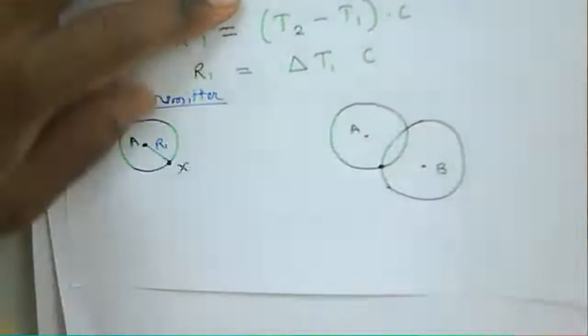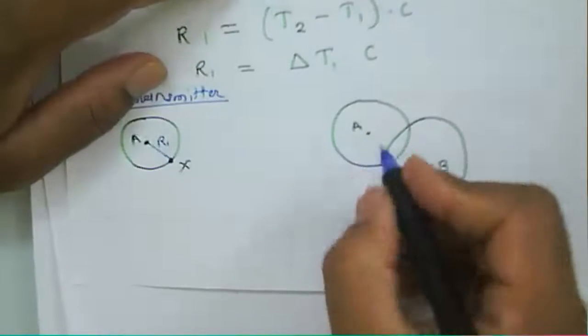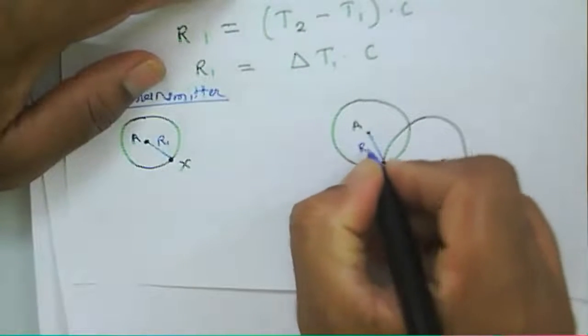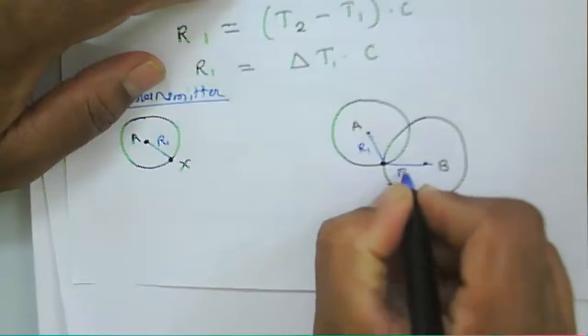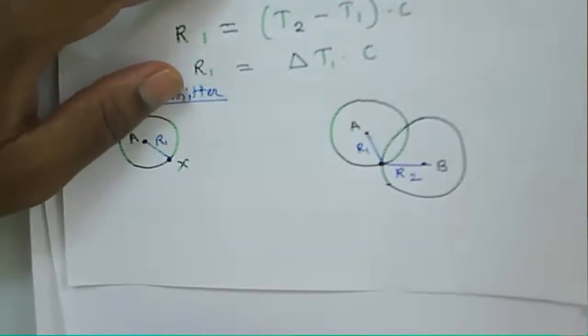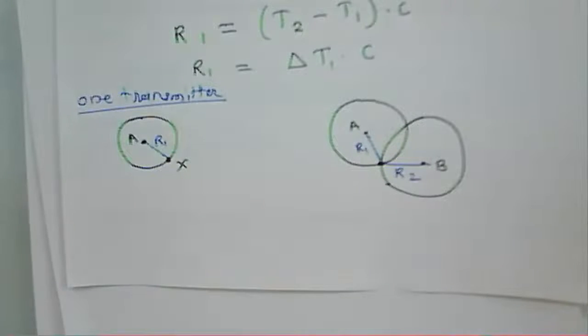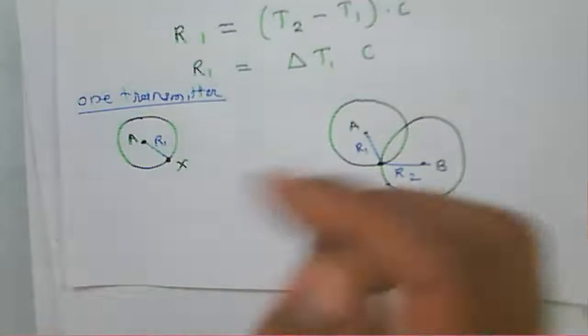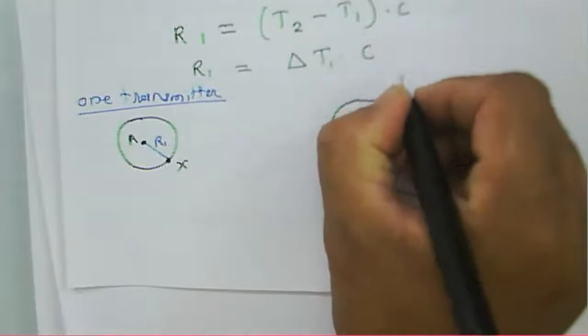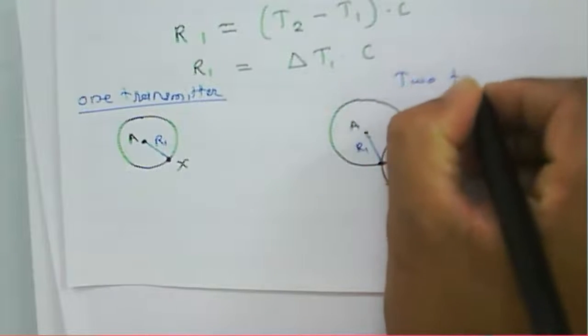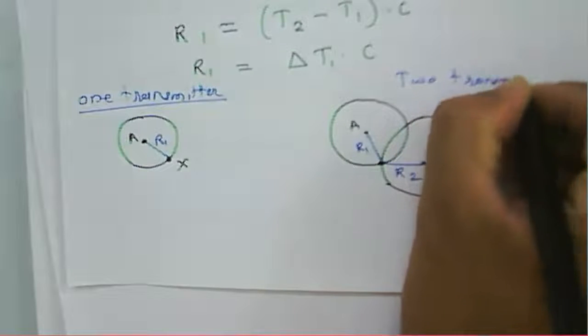This one is at distance R1, and this one is at distance R2. Now this is the condition where we have two transmitters.